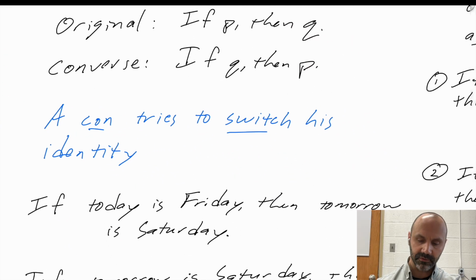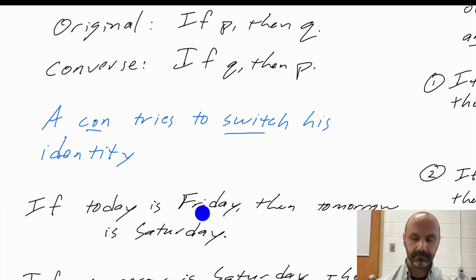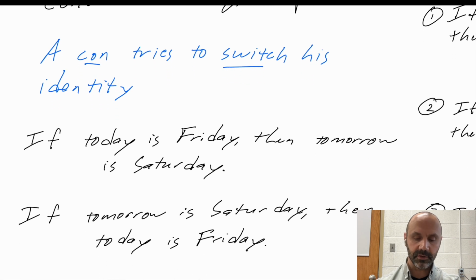So, for example, if today is Friday, then tomorrow is Saturday. This is a conditional statement. The converse of that is that if tomorrow is Saturday, then today is Friday. And notice both of these are true. Or actually, right now it happens to be Monday, right? But if it were Friday, then this would be true and this would be true.